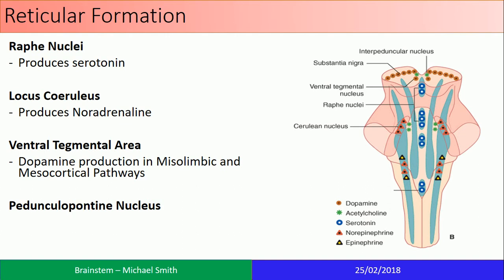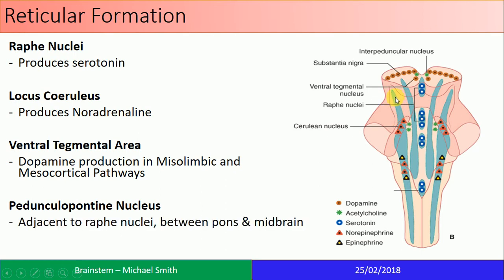So this will sit between our peduncles and our pons, adjacent to the nuclei. So they'll sit in this area, but they aren't shown on this diagram. And this produces our acetylcholine and our glutamate.